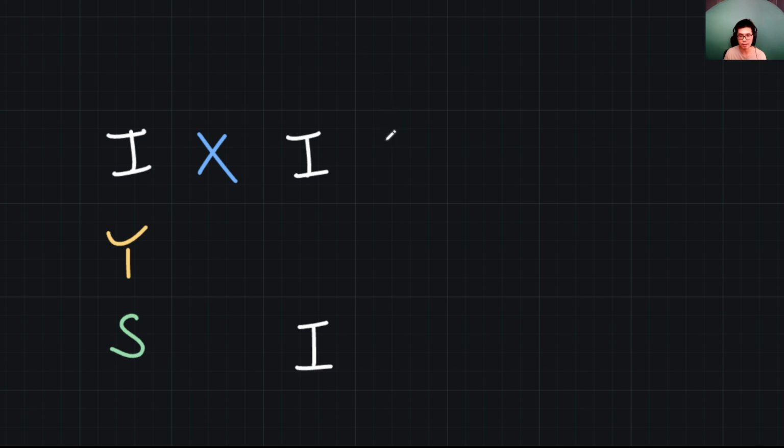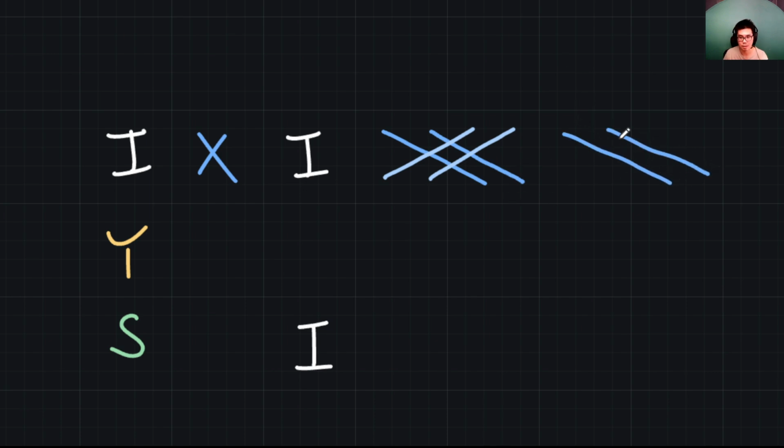An X on the first qubit would look like that. So crisscross in pairs. Now we have a Y on the second qubit.